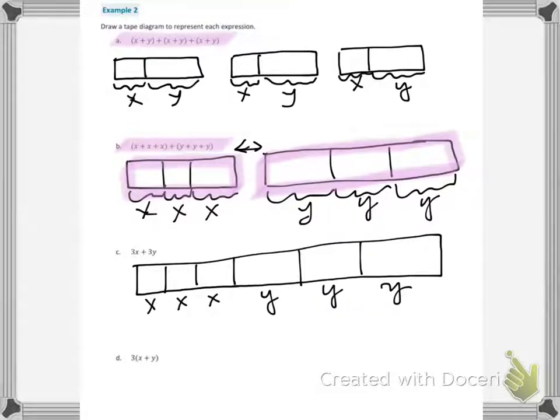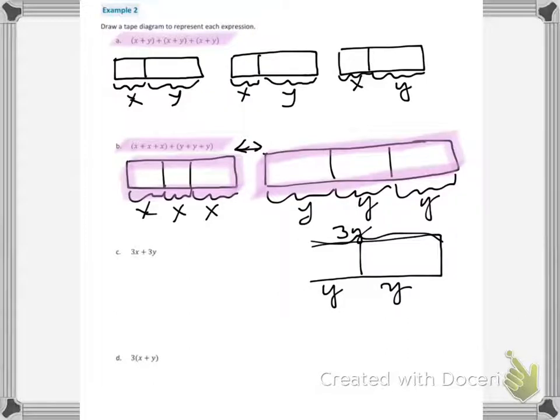Okay, do that, and that's our 3x here. That's our 3y there. We could do that, or we could do it as a rectangular array, stacking, which I would prefer. So I'm going to go ahead and erase all this because I want to let you know that you could do it like that if you'd like to, but we could also do it like this.